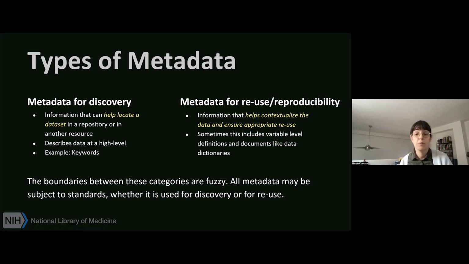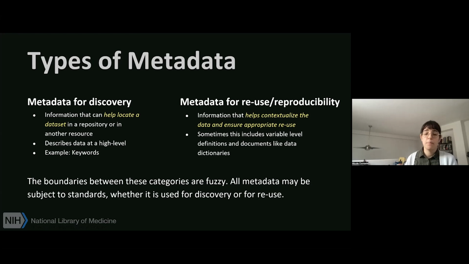There's also metadata for reuse and reproducibility. This is, generally speaking, more in-depth information that helps contextualize the data and provides all the information we need to really reuse it. This may include something like variable level definitions in documents like data dictionaries. I want to be clear that the distinctions between these two categories can be pretty fuzzy. Sometimes there are repositories that allow you to search at the variable level, which is very cool.